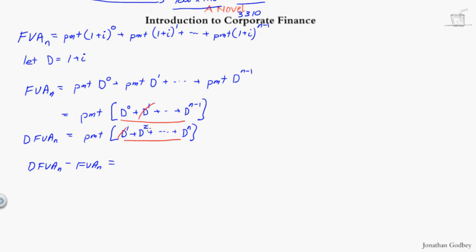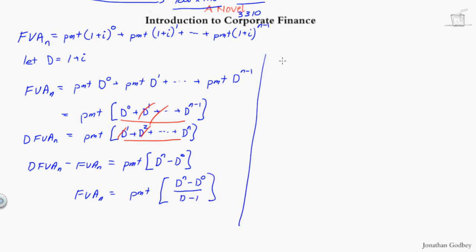So the d to the first goes away, the d squared goes away, but what is left is this. I'm going to have the payment times d to the n minus d to the 0. So if I factor out the d here, the future value of the annuity is equal to the payment times d to the n minus d to the 0 over d minus 1.